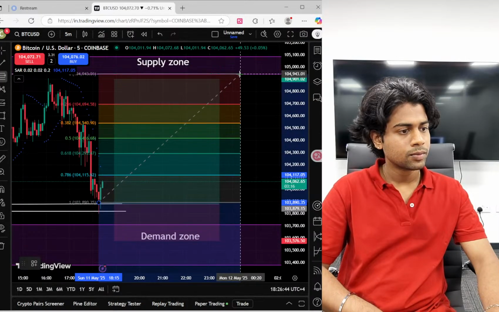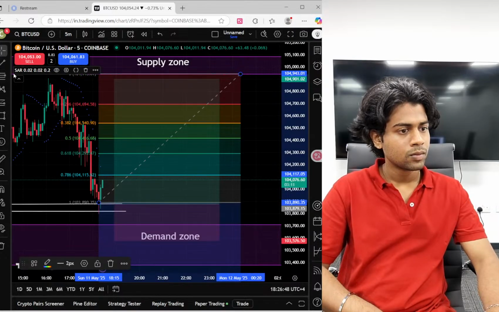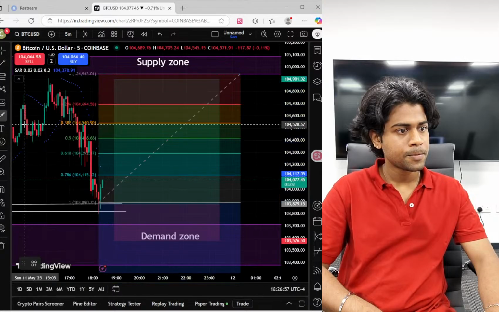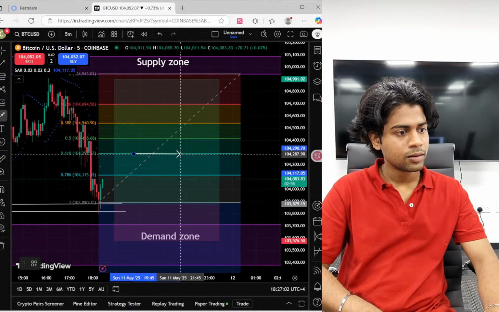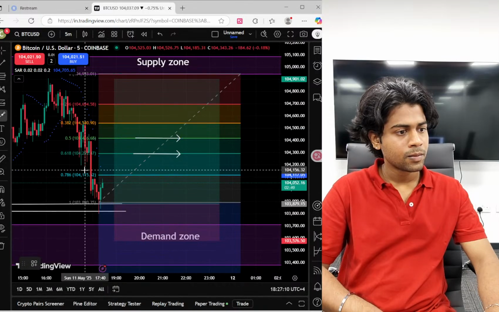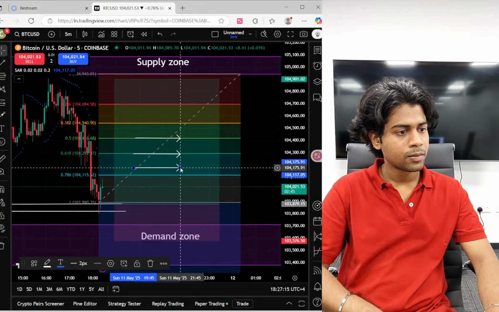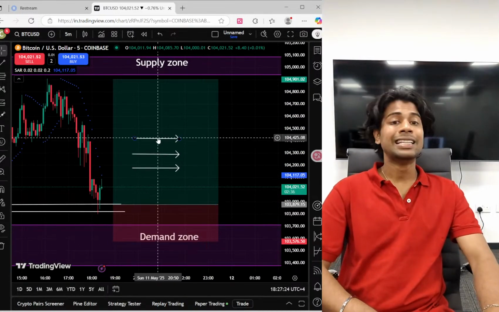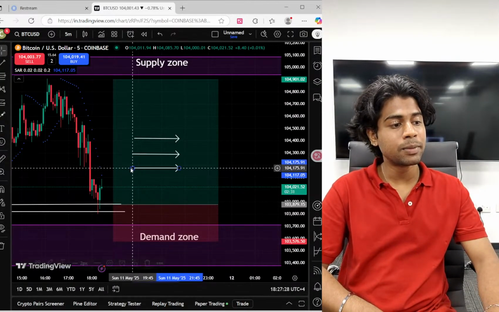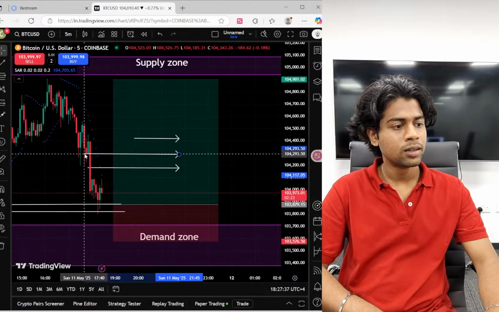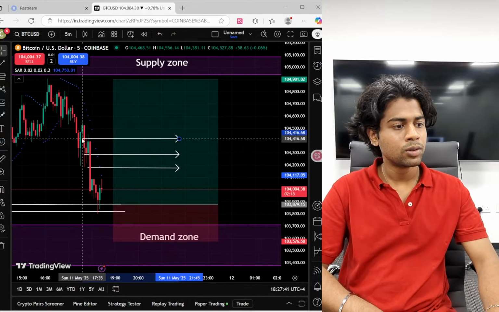Okay. This arrow represents that there are maximum chances the market can take retracement at these levels. Okay. 1, 2, and 3.